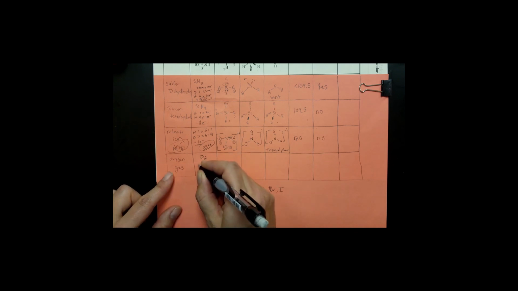So when I say oxygen gas, since it's one of those that forms a diatomic in nature, the chemical formula is O2. So diatomic means 2 atoms of oxygen combined. Di meaning 2. So to count the valence electrons for this guy, we have 2 oxygen atoms, 6 valence electrons each, so we have a total of 12 valence electrons.